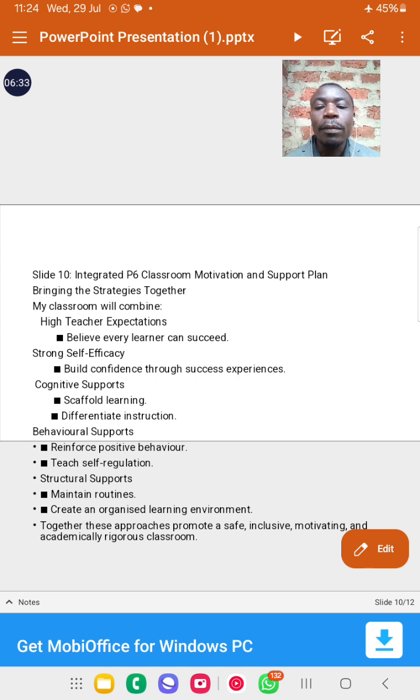In cognitive support, we have scaffolding learning and differentiated instruction. In behavior support, we reinforce positive behavior and teacher self-regulation, and in structural support, we maintain routines and create an organized classroom environment. These approaches promote a safe, inclusive, motivated, and academically rigorous classroom.